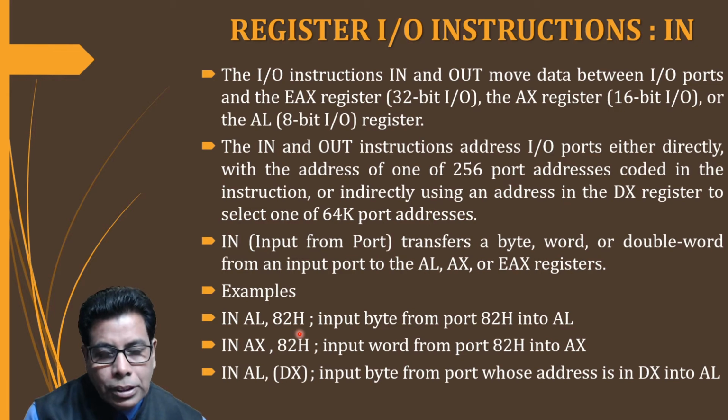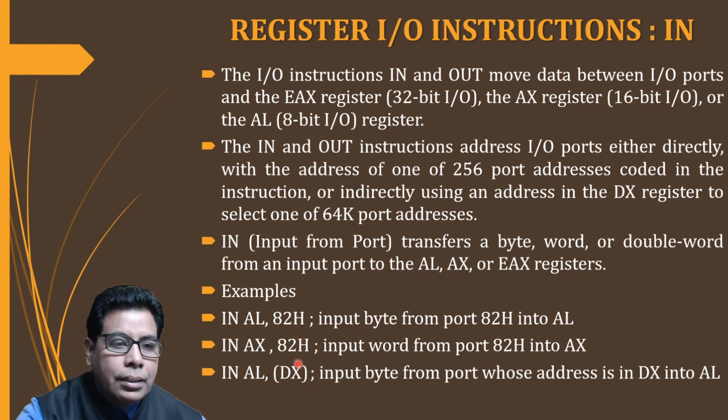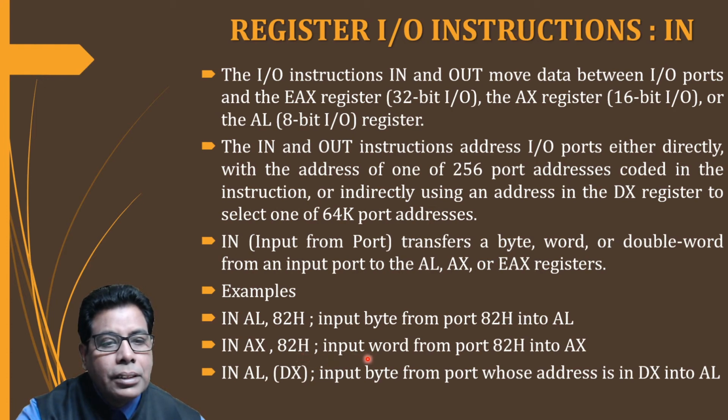From this port, the 8-bit data will be input and loaded into the AL register. Then the second case, in AX, 82H. In this case, we input a word, that means 16-bit data, from port 82H into the AX register, which is 16-bit.